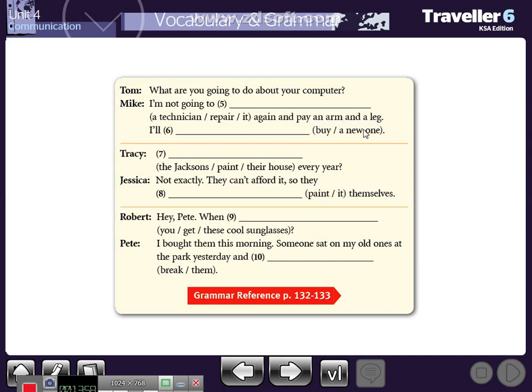Here we can use have or get it repaired. I'm not going to have or get it repaired by a technician. We use a causative form because we don't do that thing by ourselves, but we ask another person to do that for us.